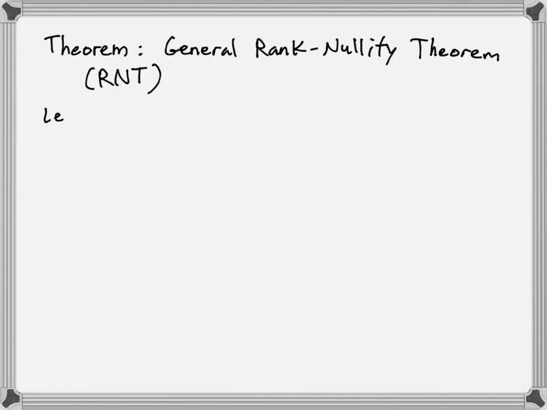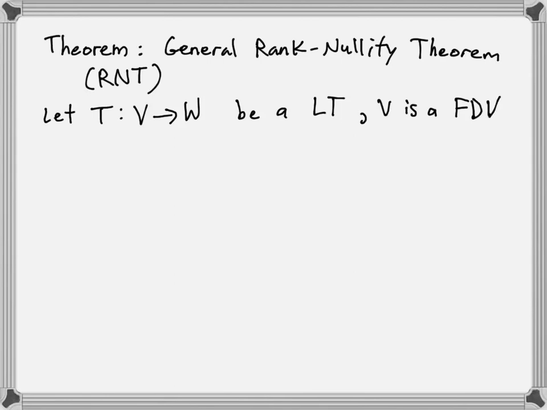So let T from V to W be a linear transformation. Then, I guess there is an important thing I should say. It's not just a linear transformation. Let's suppose that V is a finite dimensional vector space.